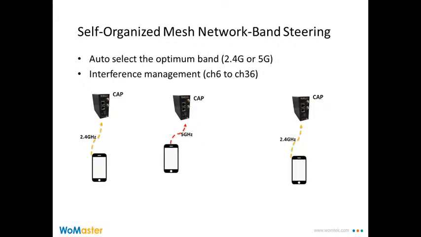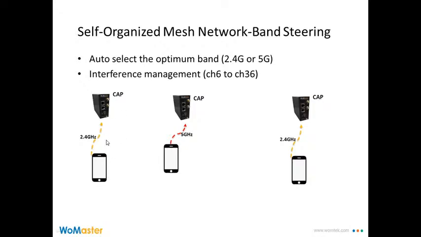Moreover, the mesh network can do self-organizing and band steering. There are three scenarios as follows. The mobile devices need to communicate with the outer devices via CAP.